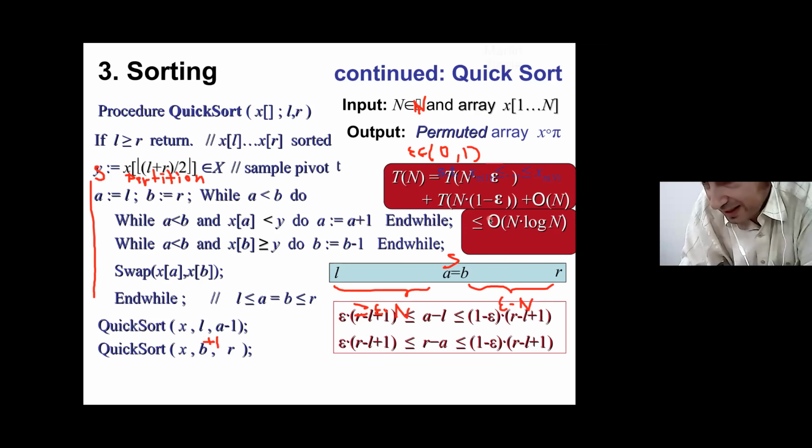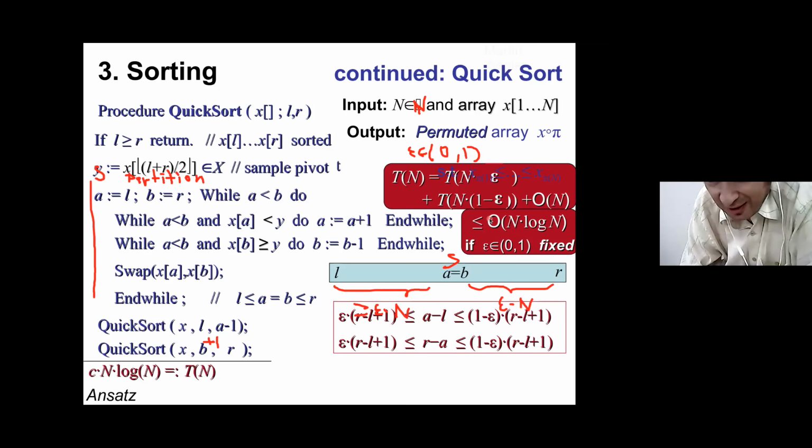So I claim that if T(n) satisfies this, then T(n) is O of n log n when epsilon is fixed. And the proof of this is simply to choose T(n) to be of this form, which is the meaning of this German word Ansatz. So I assume that T is of this form, and then I try to prove that T satisfies this equation.